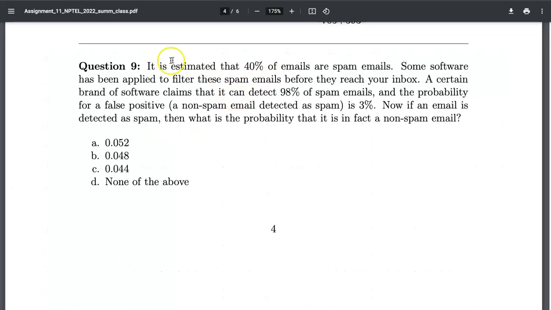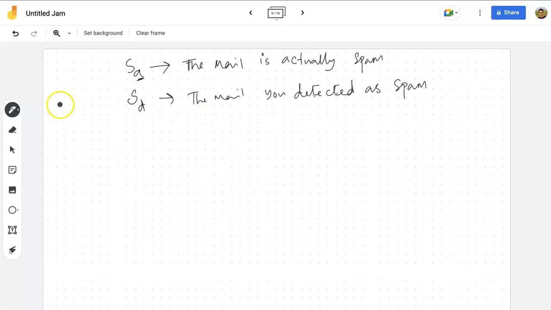Now take the different probabilities. So what are the probabilities? The first, they are saying that 40% of the emails are spam. So it is given. 40% of emails are actually spam. So the probability of SA is 40%, so you can write it like 0.4.